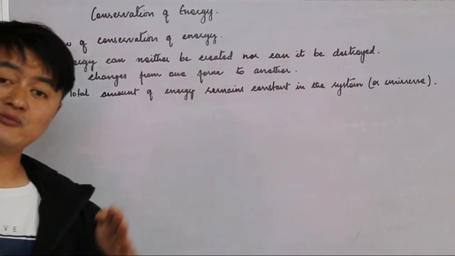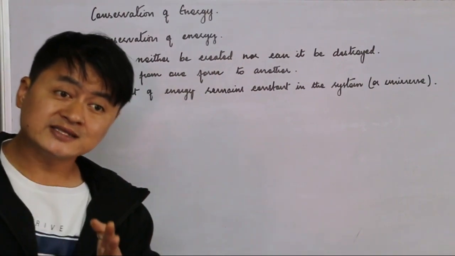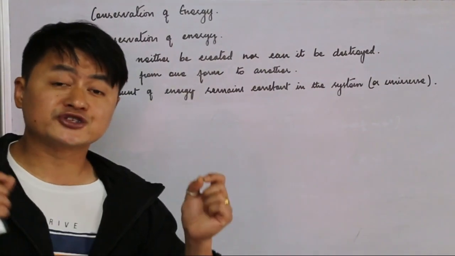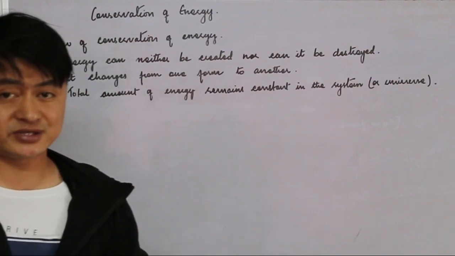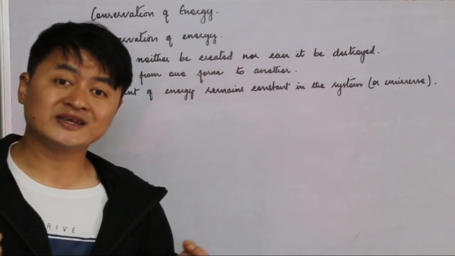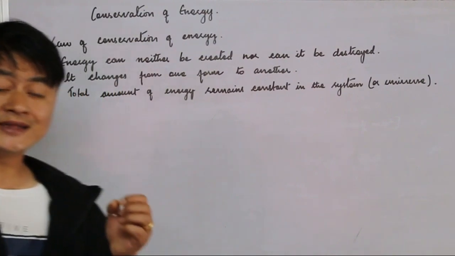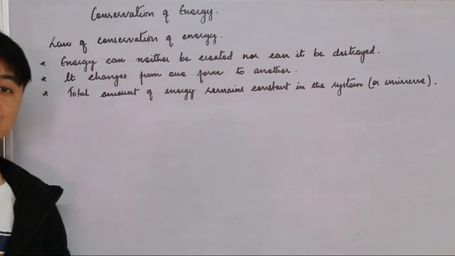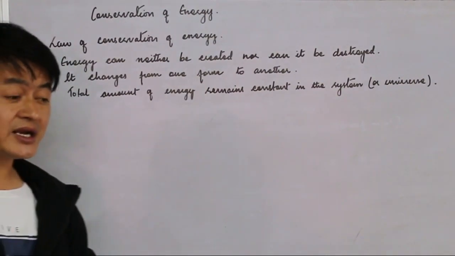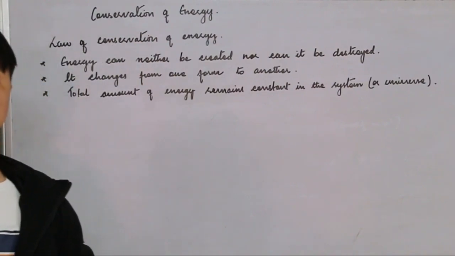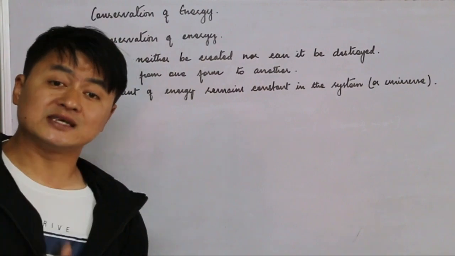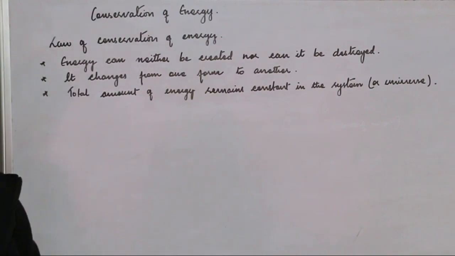While changing from one form to another, the sum of all the energies in the universe remains constant, or conserved. That is the law of conservation of energy. In simple words, energy can neither be created nor destroyed. It can only be transformed from one form to another.